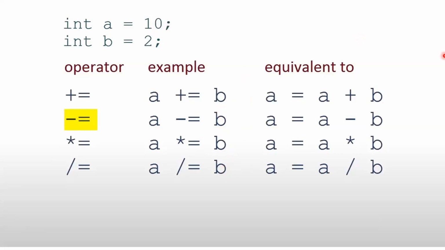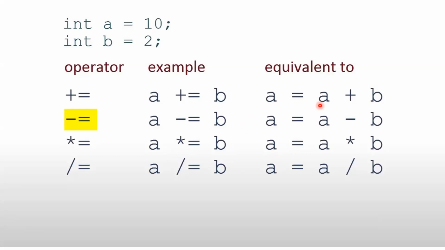And the explanation I have given over there. a is equal to a multiplied by b. Slash is equal to sign, this symbol is used for division. Example a slash is equal to b, equivalent to a is equal to a divided by b. Clear?